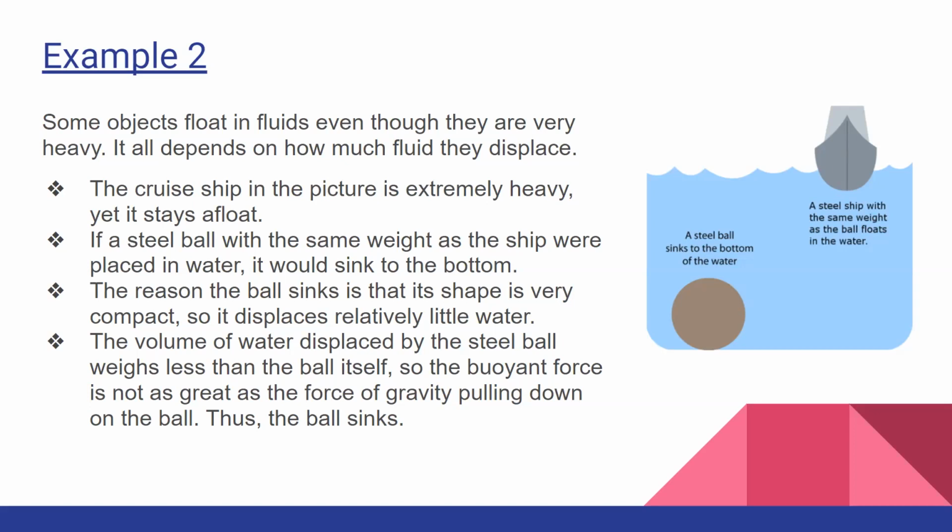And so when you submerge it in the water, it will displace less water than any other shaped object. So due to Archimedes' principle, the weight of the water displaced will be less than the weight of the ball, so it will sink.